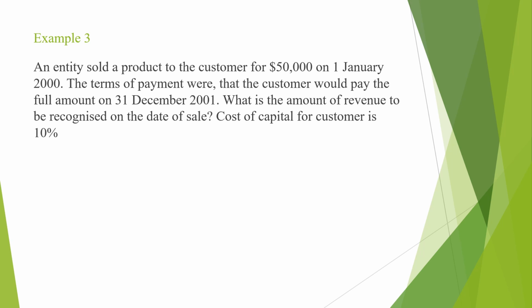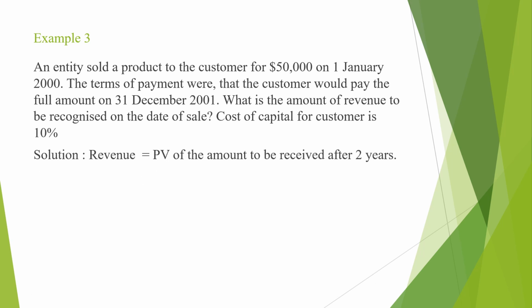So what is the amount of revenue to be recognized on the date of sale? The cost of capital for the customer is 10%. In this case, you will recognize the revenue which will be equal to the present value of the amount to be received after 2 years. You can use a discounting table and find the present value factor.